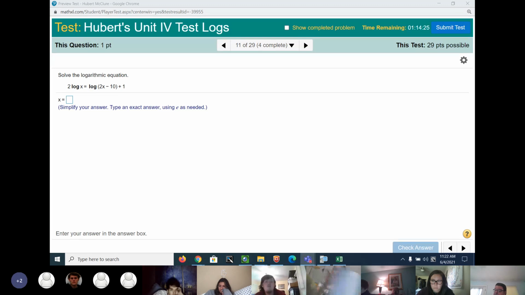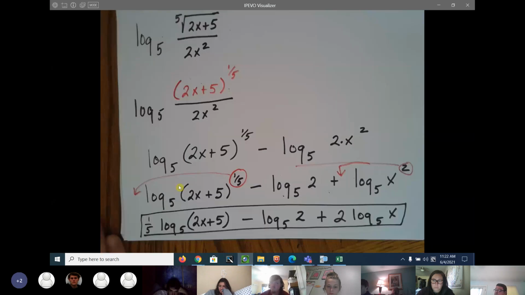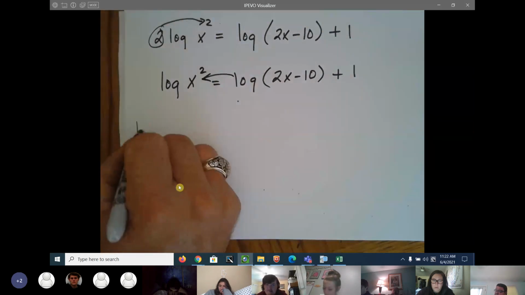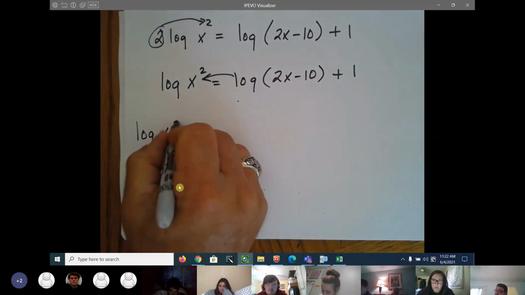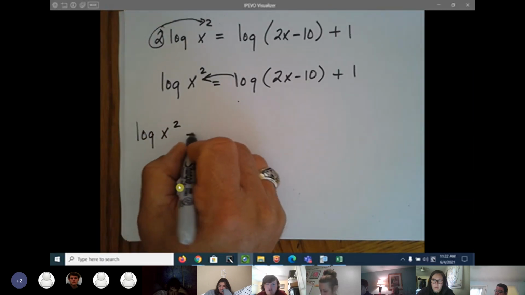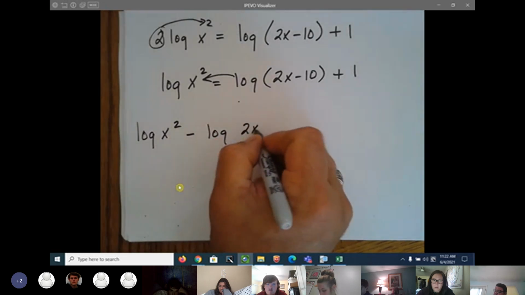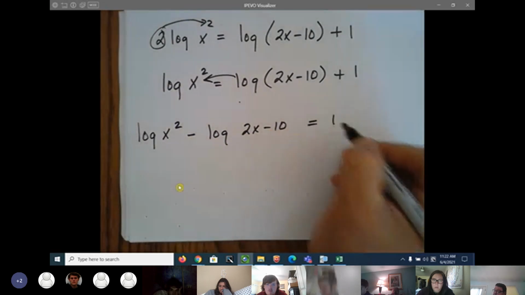I would probably do this, and that would be log x squared equals log 2x minus 10 plus 1. I'll bring this over, get all my logs on one side. Minus log 2x minus 10 equals 1.